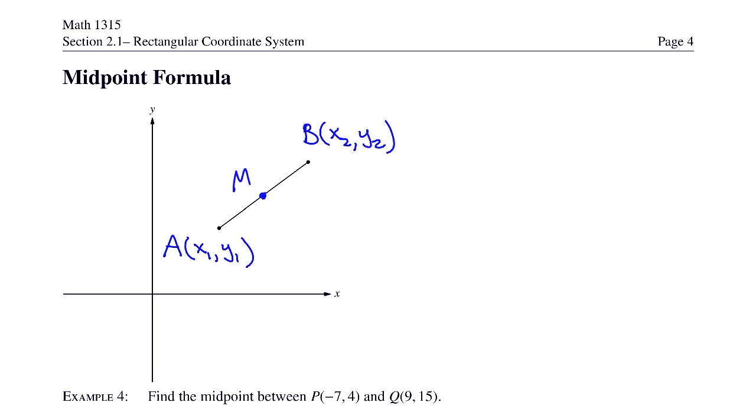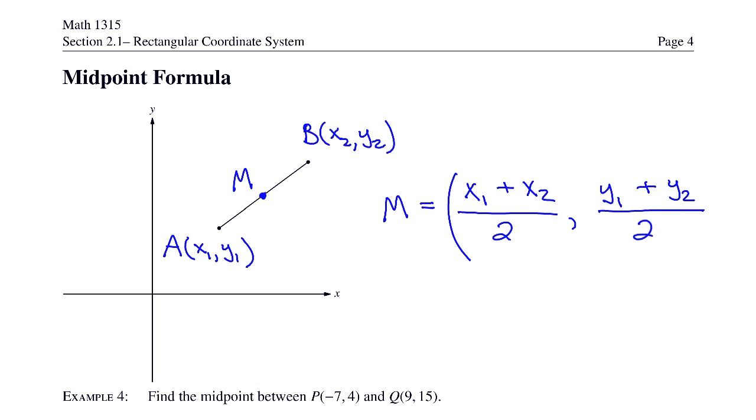We call that M. The formula for M is simply found by taking the average of the two x-coordinates, so that would be (x1 plus x2) divided by 2, and by taking the average of the y-coordinates, that's (y1 plus y2) over 2. The answer is a point itself, so we need to write it as an ordered pair.